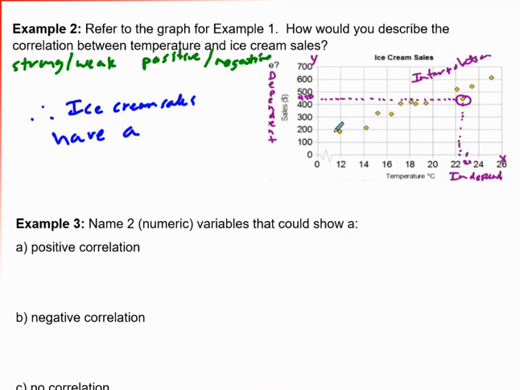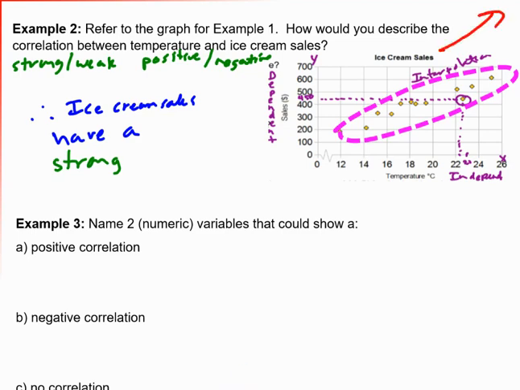Well, what do you think? What kind of oval would we form? A thin oval. Okay, so our oval would be a strong, and which direction are we going? Well, we're going up and to the right.